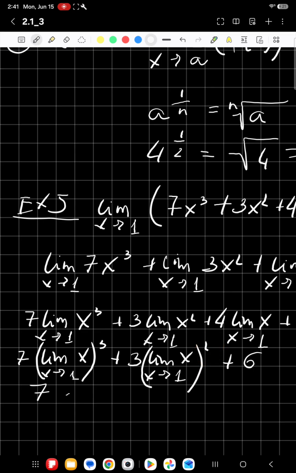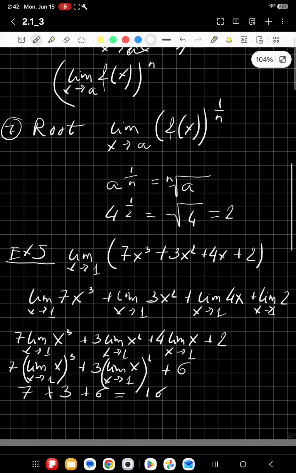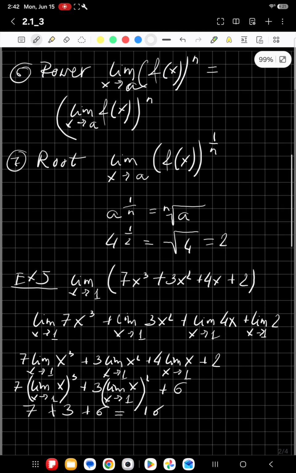So it's plus 3, and then the last one is plus 6. Okay, so the limit is 16. I gave you that example just to show you how those properties work, because we could just take that 1 and plug it in here and we would get the same thing.